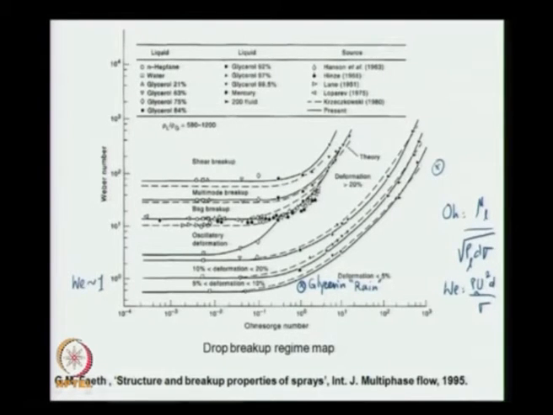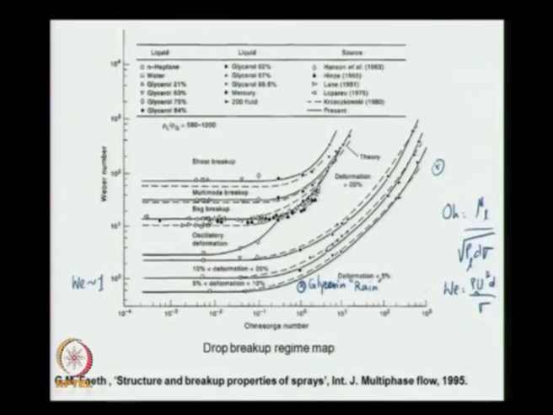Notice that the diameter of the drop d occurs in the denominator in the Ohnesorge number and in the numerator in the Weber number. That means, for the same fluid, with the same mu L, rho L, sigma, air density, and velocity u, the smaller drops tend to have a higher Ohnesorge number and a lower Weber number.